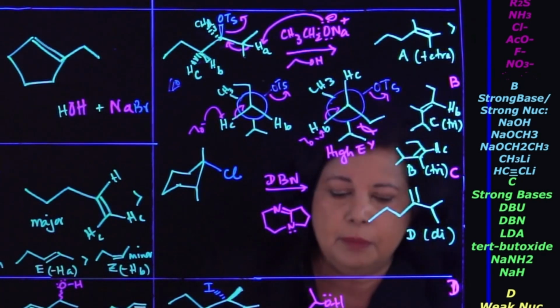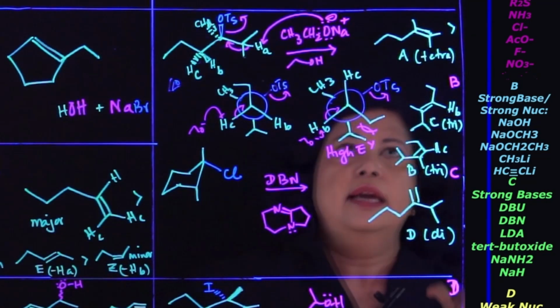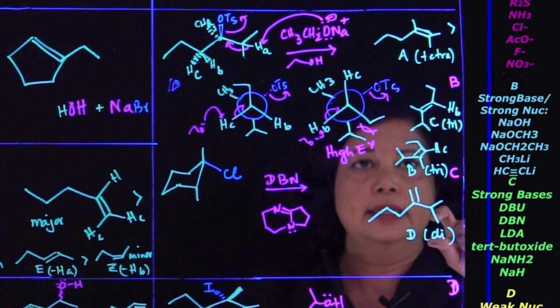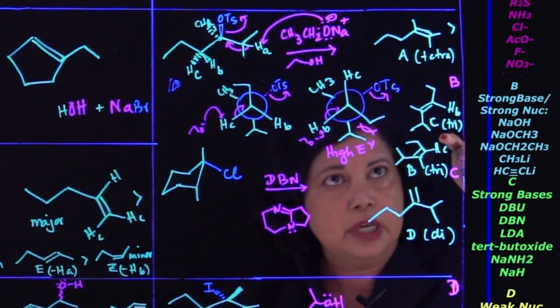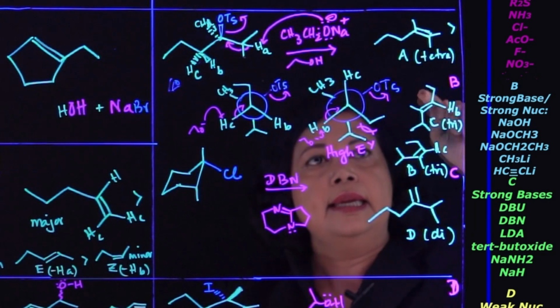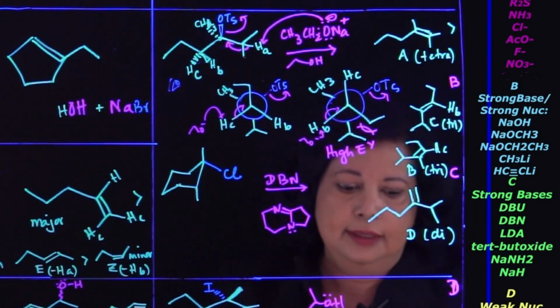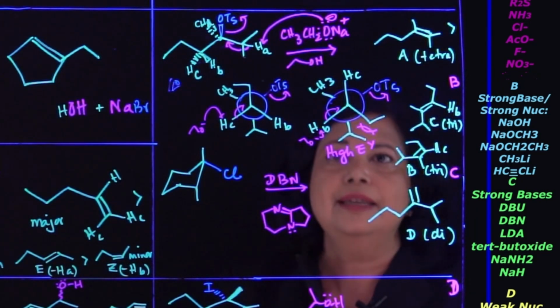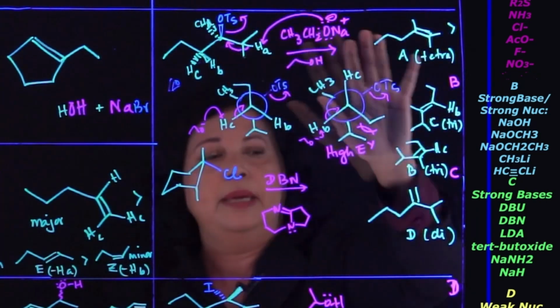So you get a whole bunch of alkenes, and the major would be this, and then the tri, and then the di. And in the tri-substituted, E would be more than Z. Even in the product, there would be steric here. Okay, so that's for small base.